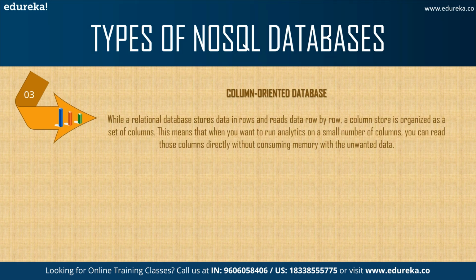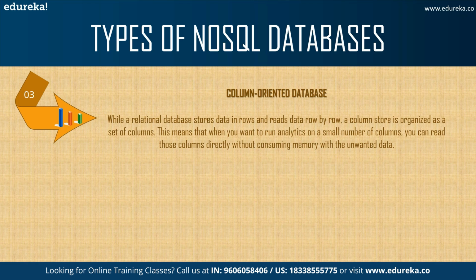Here in a column-oriented database, while a relational database stores in rows and reads data row by row, a column store is organized as a set of columns. Basically, this means that when you want to run analytics on a small number of columns, you can read those columns directly without consuming memory with unwanted data.